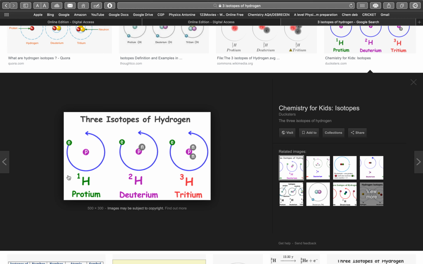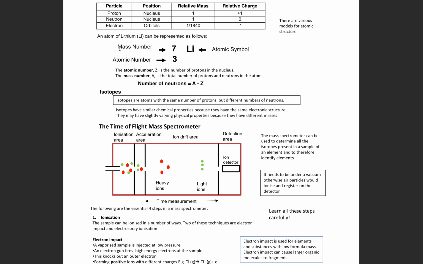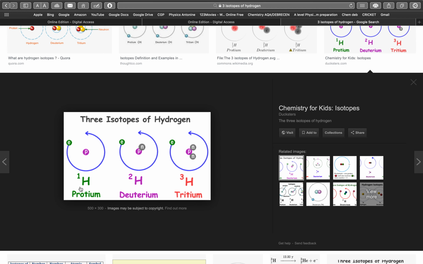As you can see, the number increases: 1, 2, 3. I don't think it calls it the atomic number here. It calls it the nucleon number. The top number and the bottom number have many different names.